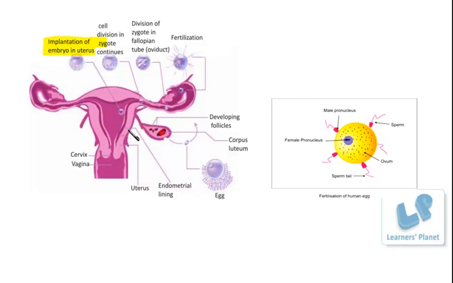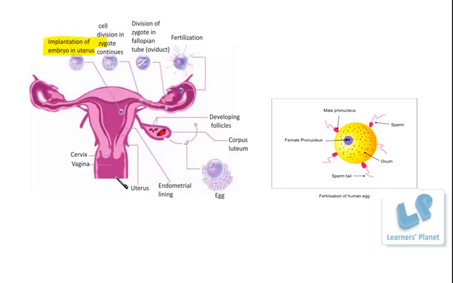Sidewise, later on there will be the development of the placenta, and it will help in the nourishment of this growing embryo, and later the development will continue. And during this process, there will be the production of some layers in its surrounding, so as to protect the developing embryo inside the mother's body.